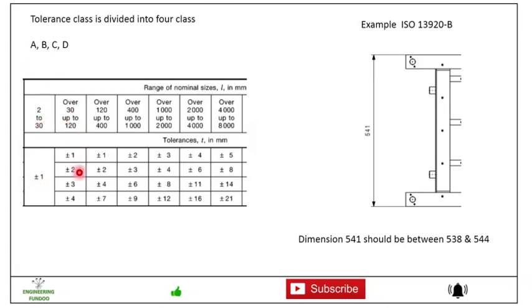Over 30 mm up to 120 mm it is plus or minus 1 mm for class A, plus or minus 2 for class B, plus or minus 3 for class C and plus or minus 4 for class D. Similarly, there are other ranges over which the dimensional tolerances are given.